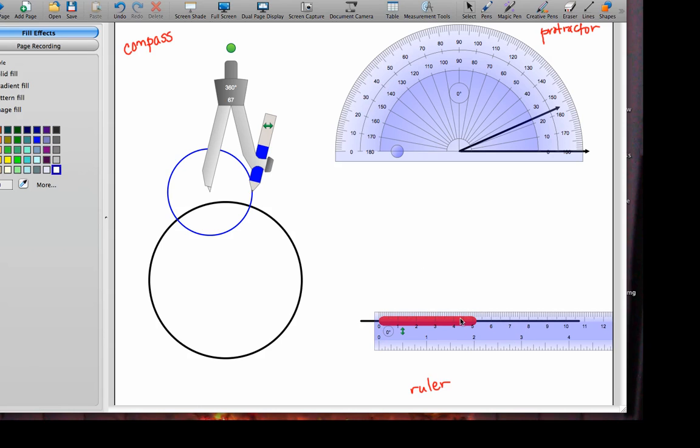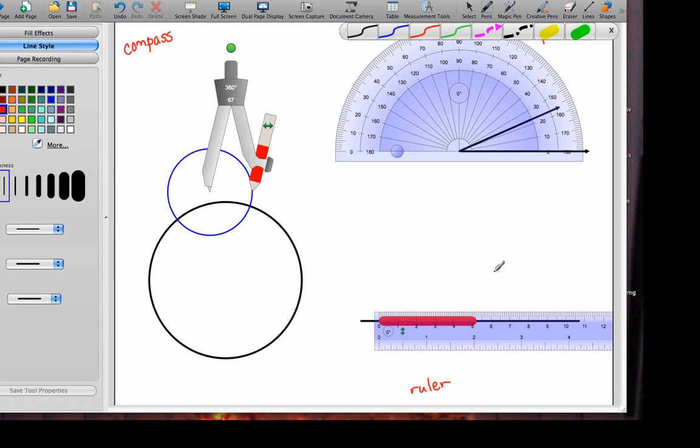Let's see, I have 5 and, let's see what these are, 1, 2, 3, 4, 5, 6, 7, 8, 9 tenths. So they're tenths. So I have 5 and 2 tenths. I could write that like this: 5 and 2 tenths. And those would be centimeters.